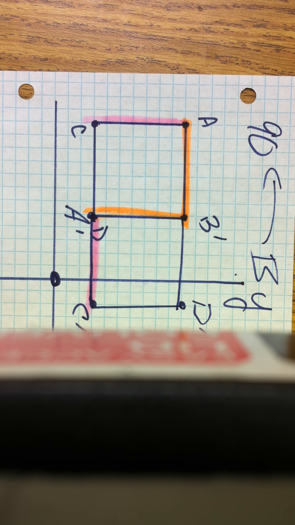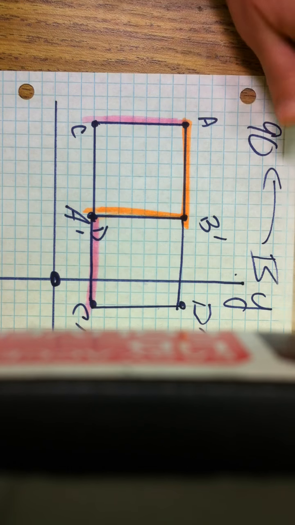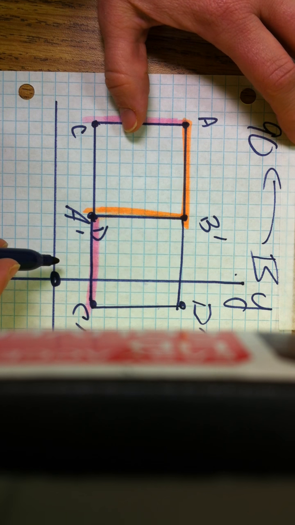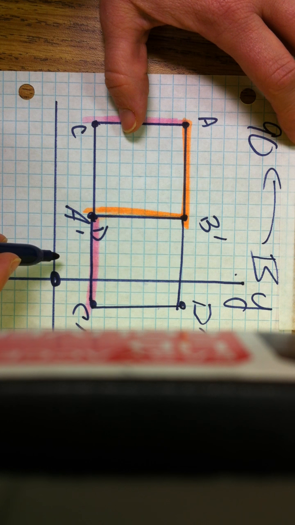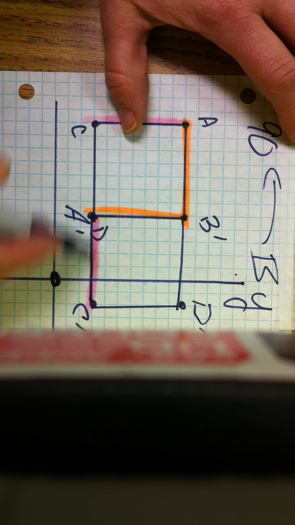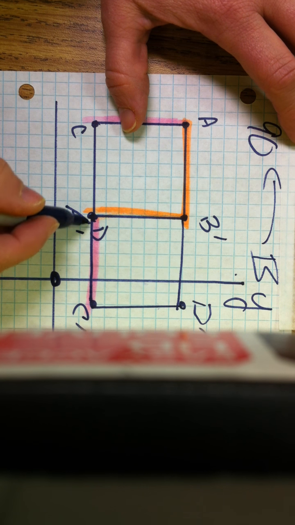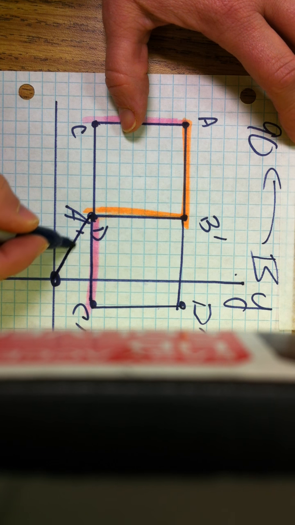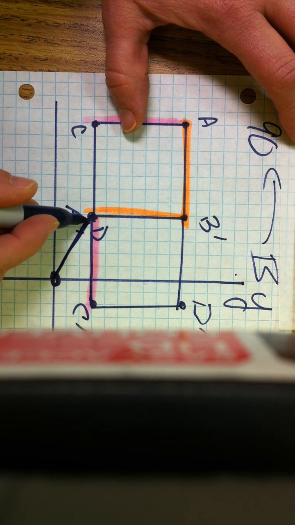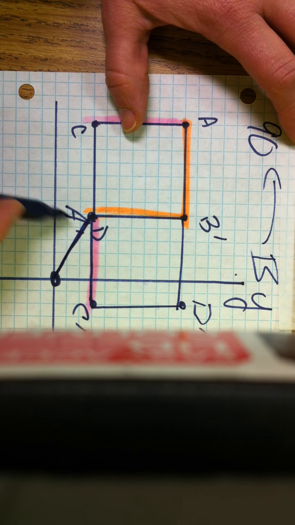So just like the last example, it's good to have a reference line to use to rotate when you're doing the origin. So I'm going to make a little reference line from the origin just to point A on my newly rotated one.